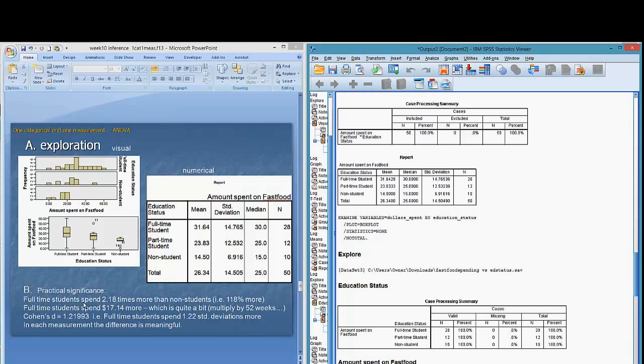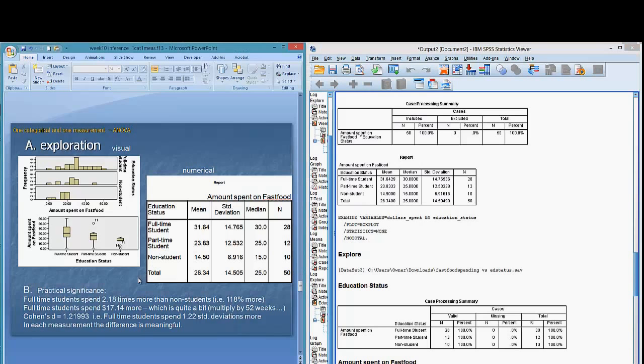And we look at full-time students spending 2.18 times more than non-students. So that's when we look at this number compared to this number. This is a raw difference. This is Cohen's d, one standard deviation. So we see there's a huge difference between full-time students and non-students, and then part-time students are somewhere in the middle, which is very nice actually for analysis.